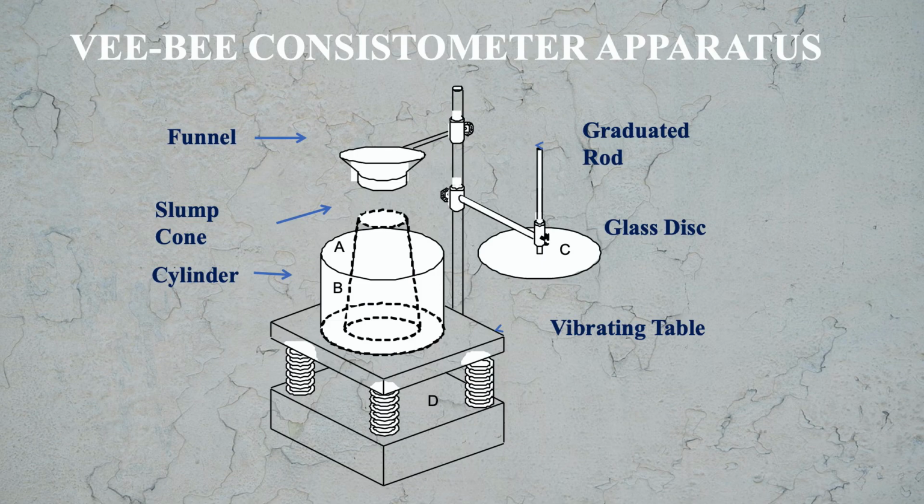So here you see A is a slump cone which is capped in the metallic pot, which is in the shape of a cylinder. B is the metallic pot in the shape of a cylinder, and this whole arrangement, that means the cylinder and the cone, is resting on a vibrating table, and this vibrating table is supported on elastic supports.